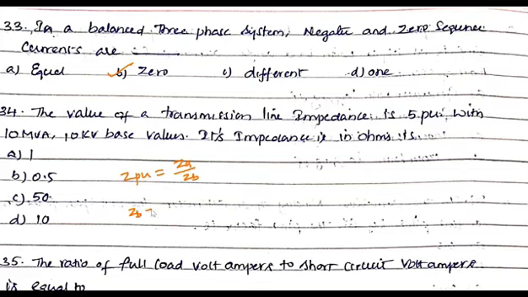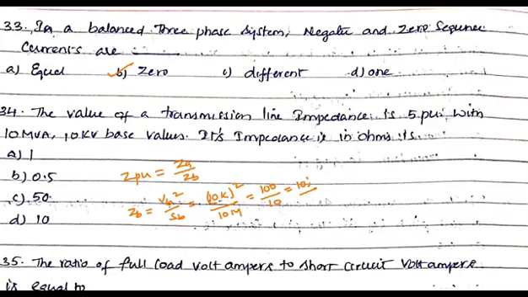What is the Z base value? Z base is V base squared divided by S base. So 10 kV whole squared divided by S base, which is 10 MVA. So kV squared means 100, divided by 10, you will get 10 here.